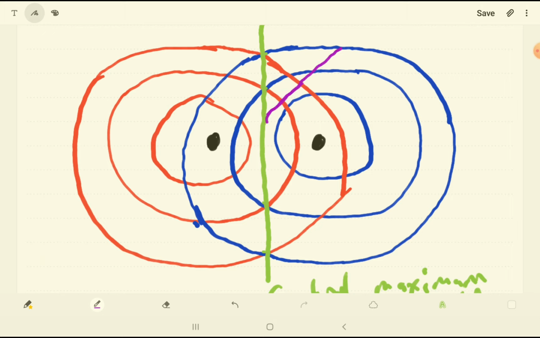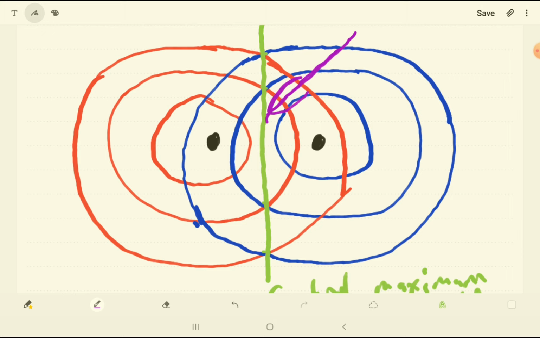And if I'm focused just on the purple line, you see here, you got the crests, right, of the red source that is actually coming together with the troughs of the blue source. So the red doesn't meet the blue along the purple line.